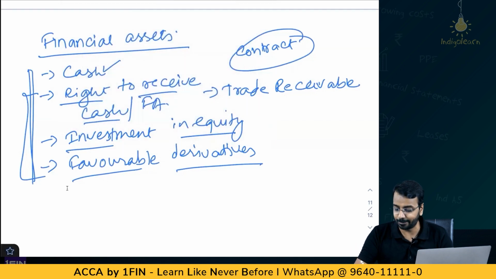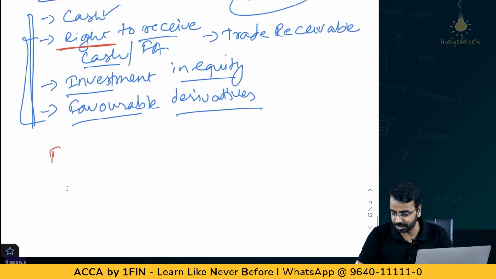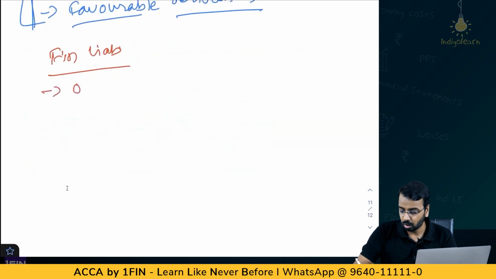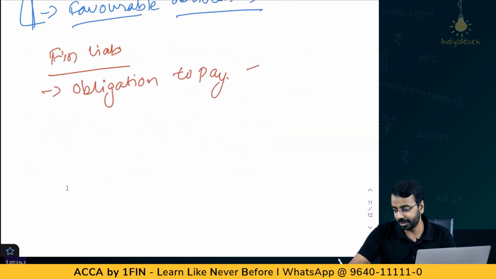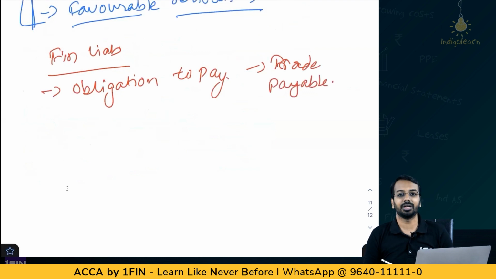When you say financial liability, here we said right to receive. When there is a financial liability, then you have an obligation to pay. So a trade payable, loan, all of these are your financial liabilities.